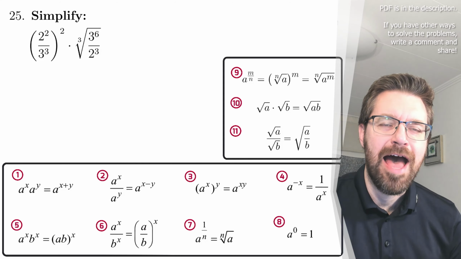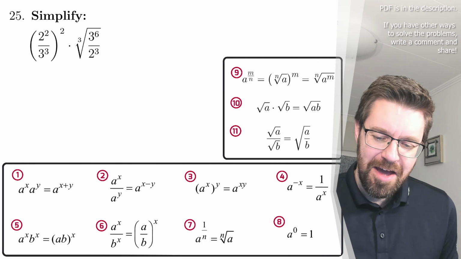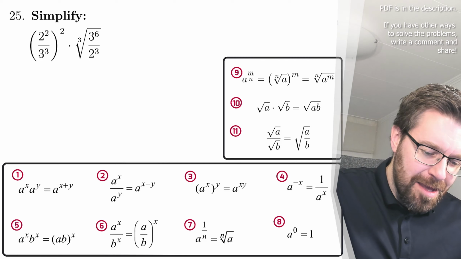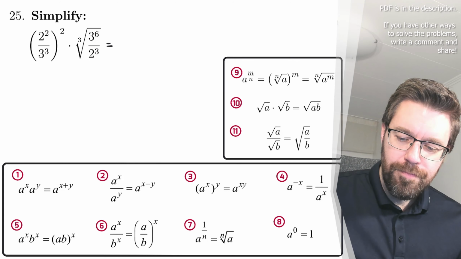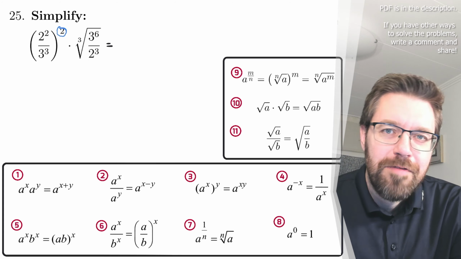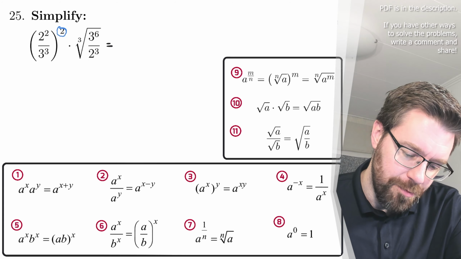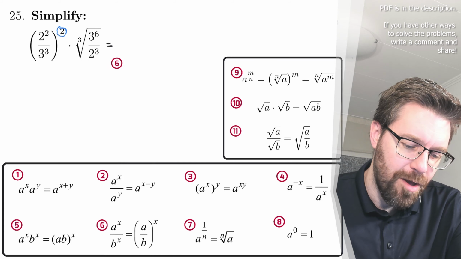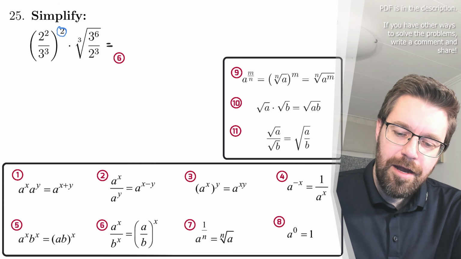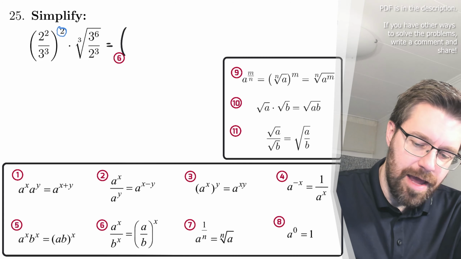Number 25, simplify, and we have a nice expression here. Okay, so the first thing that I will do is to move this exponent inside the parenthesis. And I can do it with rule number 6. Okay, so then, if I write the whole thing out, it will be like this.